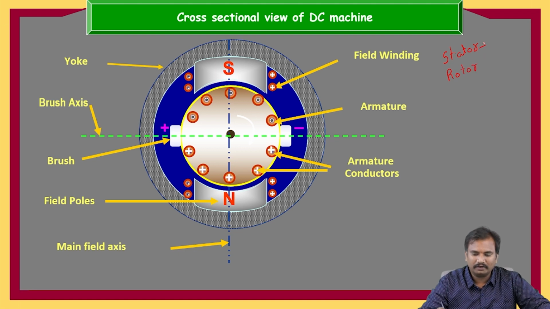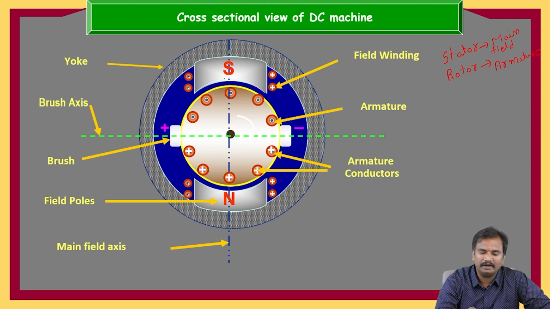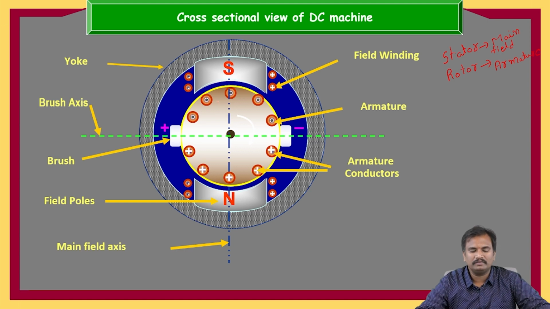On the stator, we are going to have the main winding, or field winding as we can also call it. And on the rotor, we are going to have the armature winding. The outer portion is the stator, and the inner portion is called the rotor.